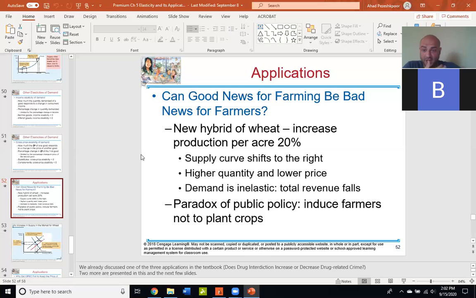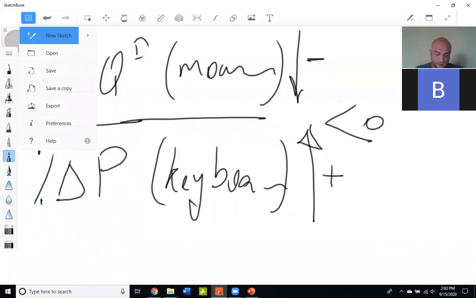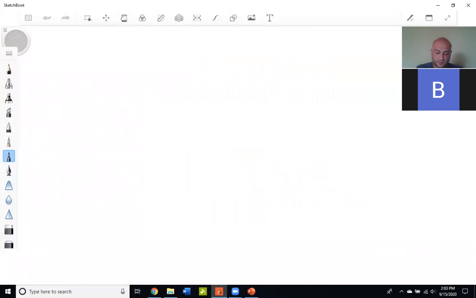But will it actually help farmers? Remember, a farmer is a producer. A producer wants to maximize his profits. Because your costs are mainly fixed, the profits of a farmer is more about total revenues.